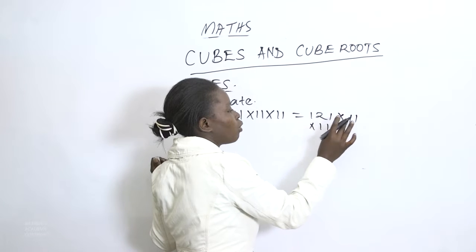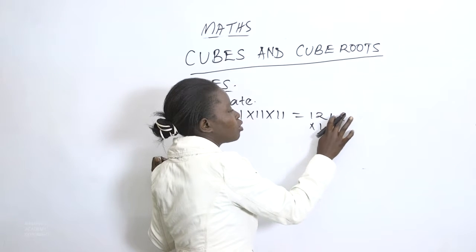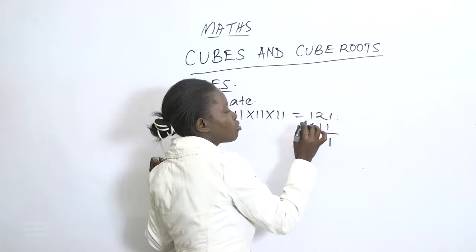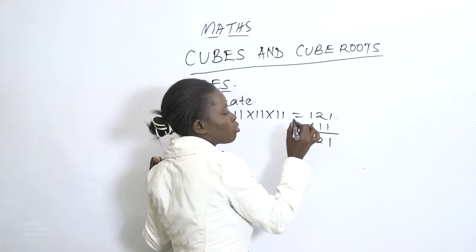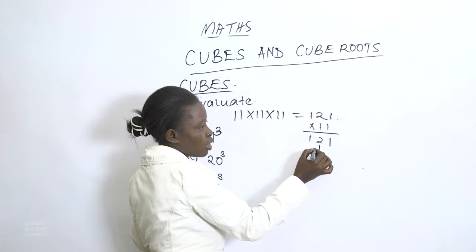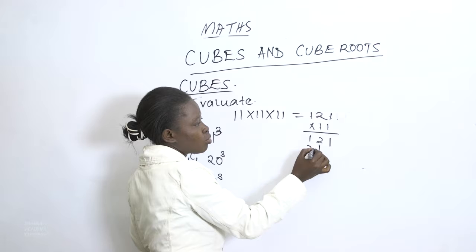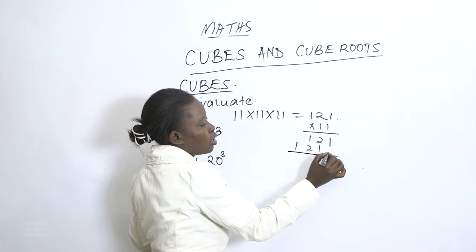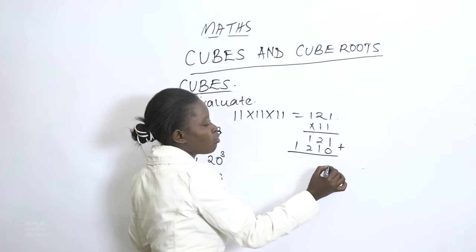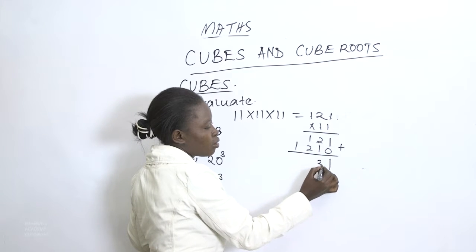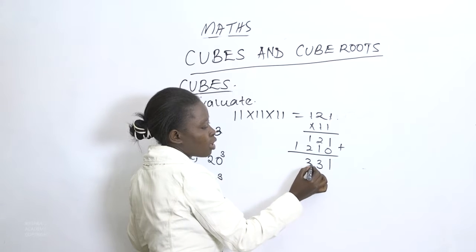So we go through our multiplication algorithm and we get that 1 times 1 is 1. 1 times 2 is 2. 1 times 1 is 1. Then 1 times 1 is 1. 1 times 2 is 2. 1 times 1 is 1. So when we add, we have 1 plus 0, which is 1. 1 plus 2, that is 3. 1 plus 2, we have 3.